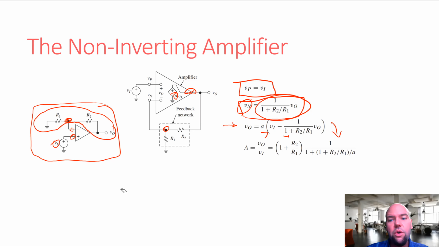So we have an equation. It has V out and V in as variables. We need a ratio of those to find the gain. So what they're doing here is splitting this up into terms. Basically we have V out equals A V in minus A over 1 plus R2 over R1 times V out.